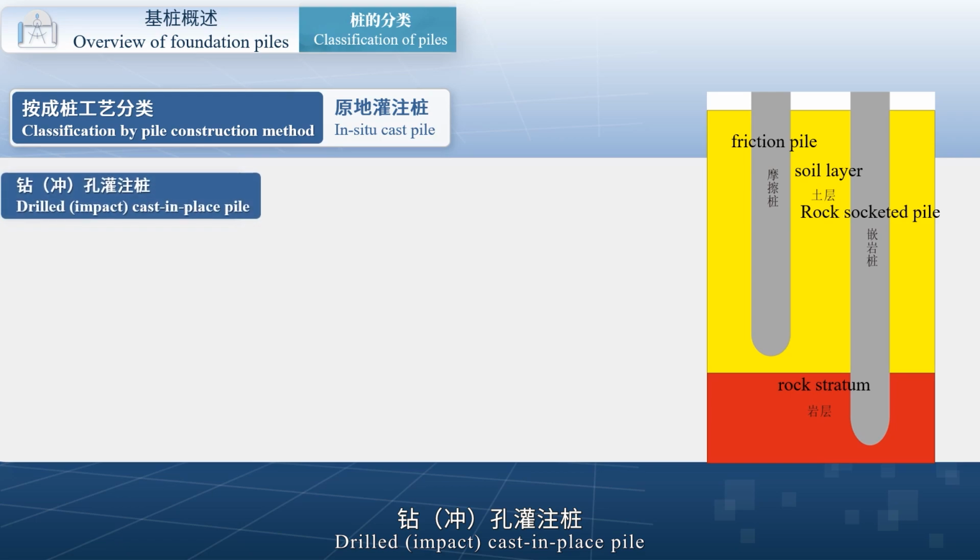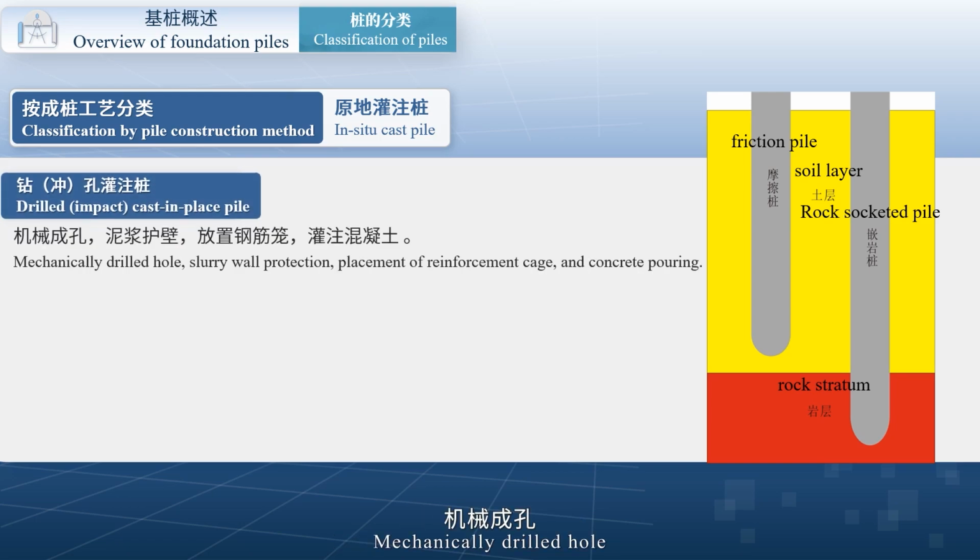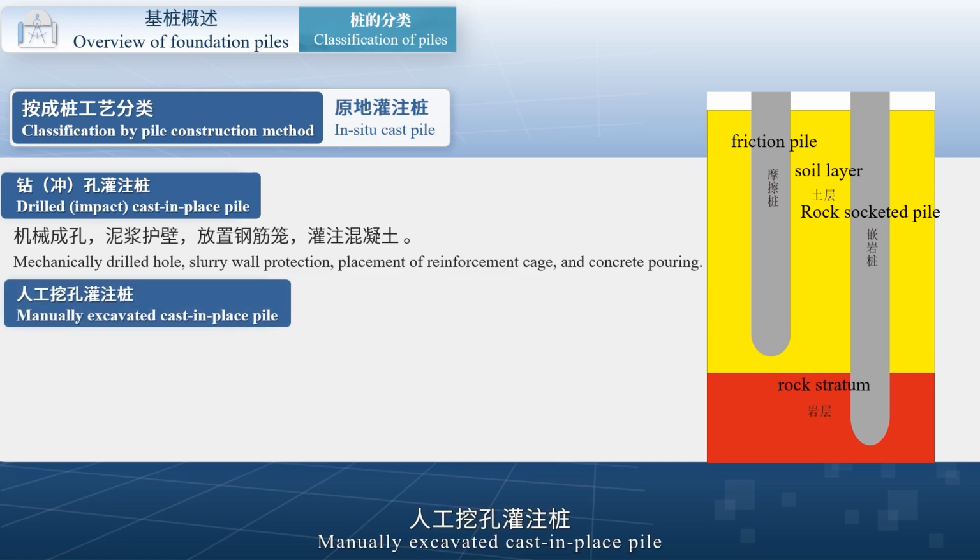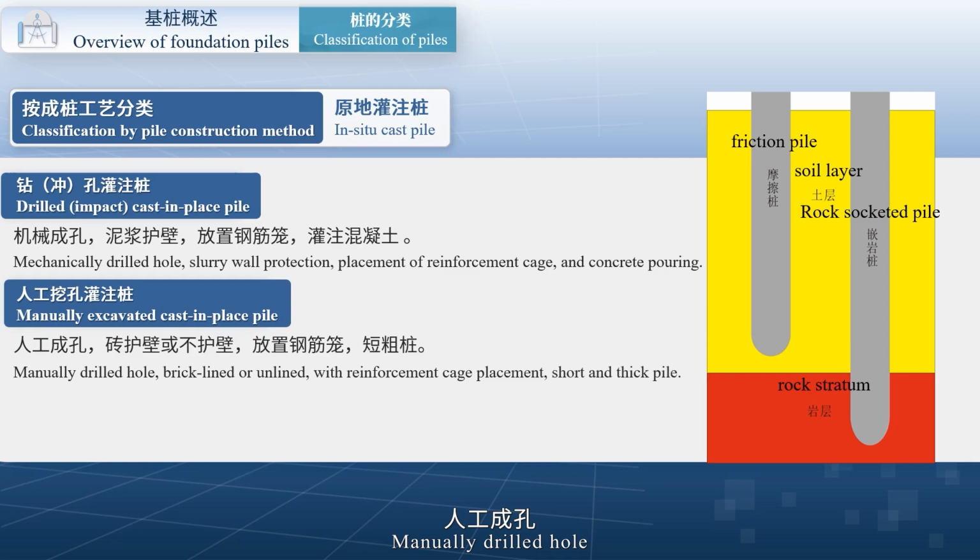Drilled impact cast-in-place pile: mechanically drilled hole, slurry wall protection, placement of the reinforcement cage, pouring concrete. Manually excavated cast-in-place pile: manually drilled hole, brick lining or no lining, placement of the reinforcement cage, short and thick pile.